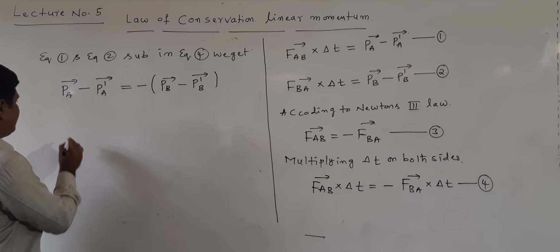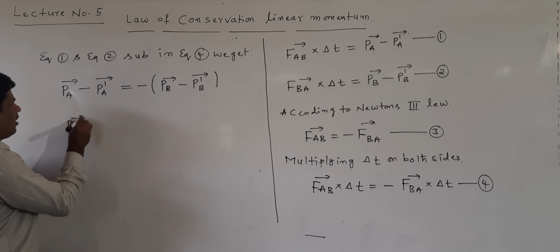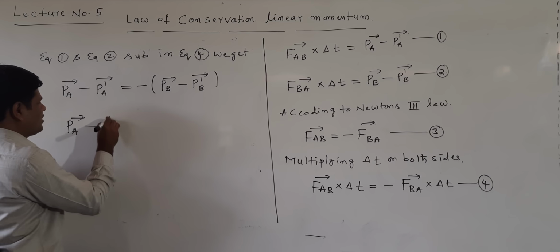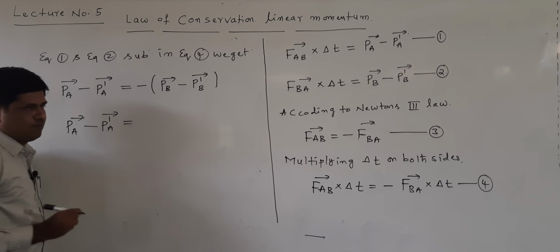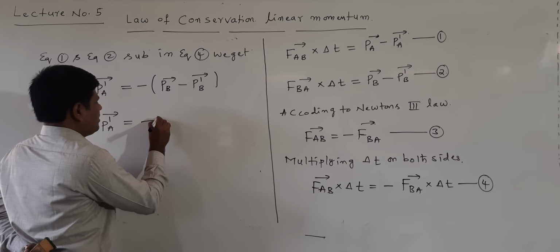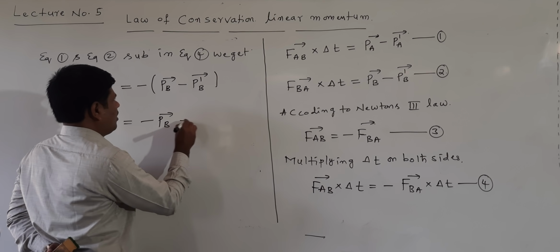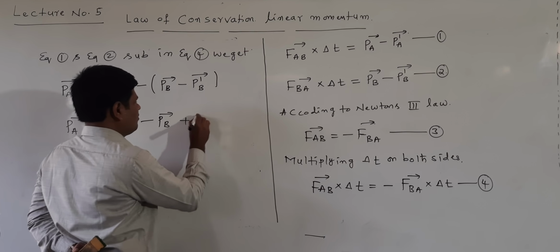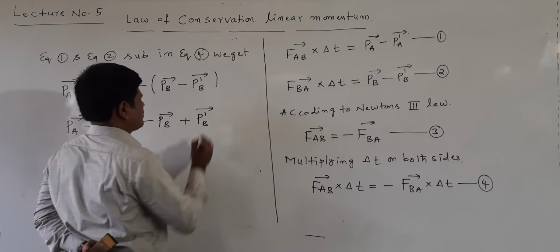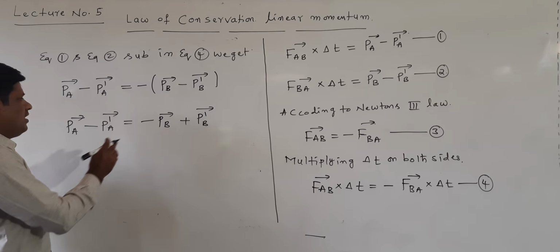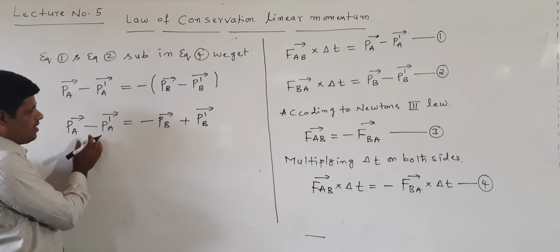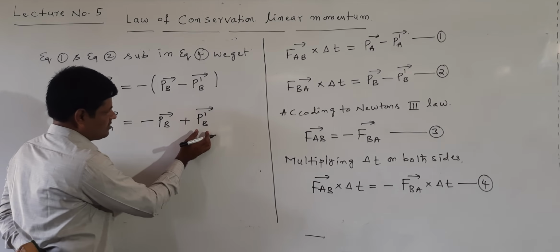From this we are getting PA bar minus PA dash bar is equal to minus of PB bar, plus, minus into minus plus PB dash bar. Here this is a minus, so I am taking plus.